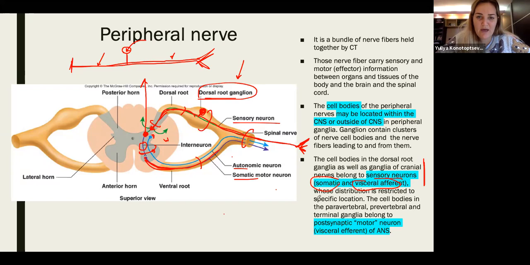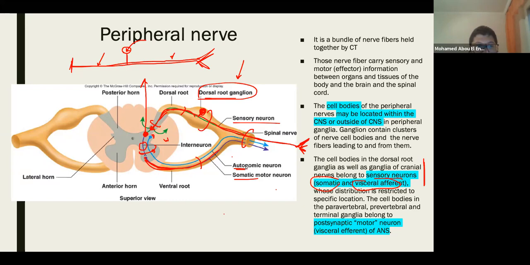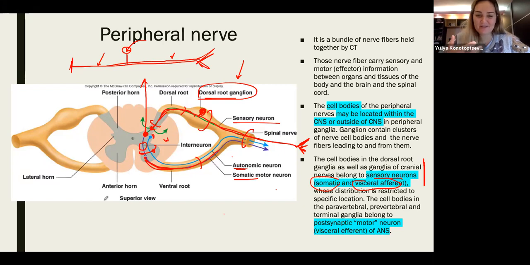And lastly, we have the autonomic, the visceral efferent. Where are their cell bodies? In the organs? Say it better. The correct answer would be: it depends on sympathetic or parasympathetic.